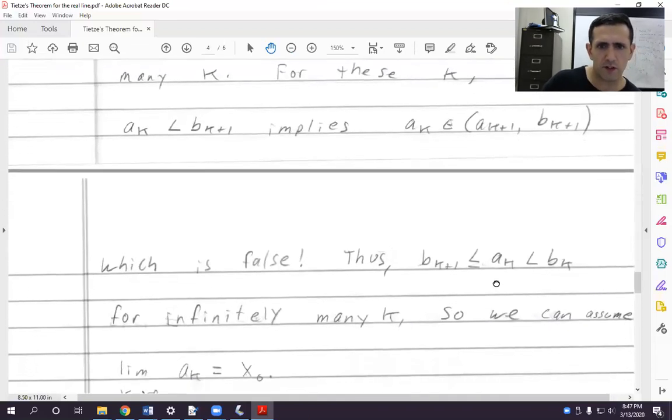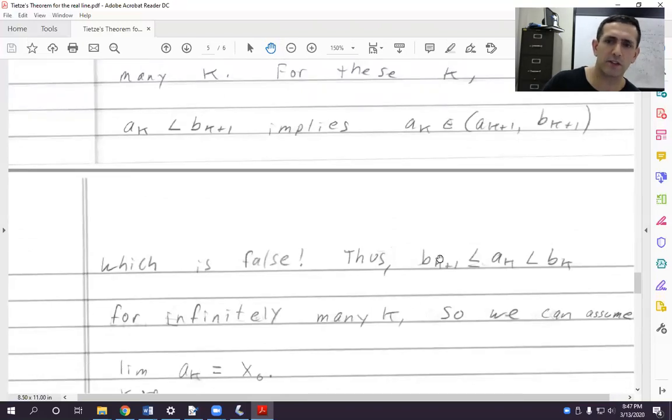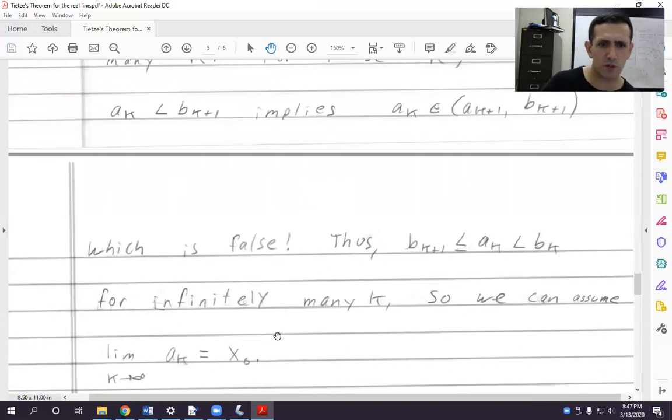Okay. So again, if this is true for infinitely many k, then since bk plus 1 converges to x0, bk converges to x0, we can find a subsequence from these infinitely many k's where the subsequence for ak converges to x0 by the squeeze theorem. So again, we're not going to use subsequence notation. Passing to a subsequence, if necessary, we can assume the aks converge to x0.